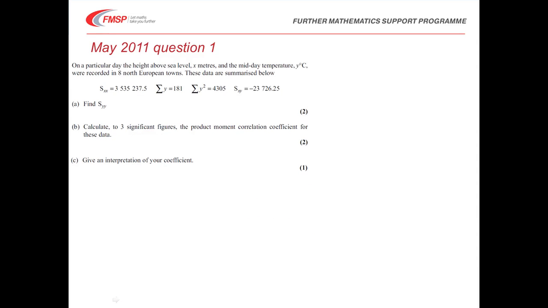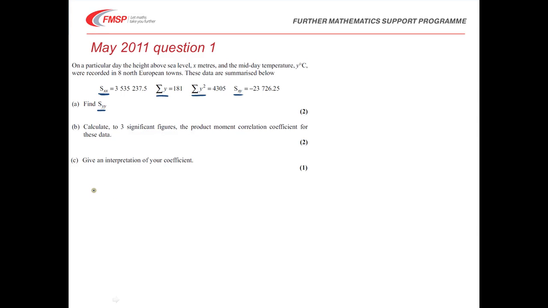So this question is looking more at PMCC, product moment correlation coefficient, and we're given a mixture of information here. We're given SXX, we're given a sum of y squared, and an SXY. So they are testing in this question your ability to find and use equations to get SXX and so on.